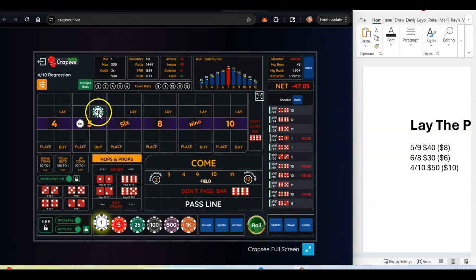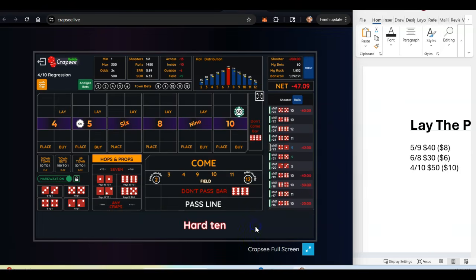Okay. So what was that? Level 6. So this is a $60 10 now. We're going to move there. Just to show you guys. And the main reason for doing this video is just to show you how the bounce works. The mechanics. Hard 10.